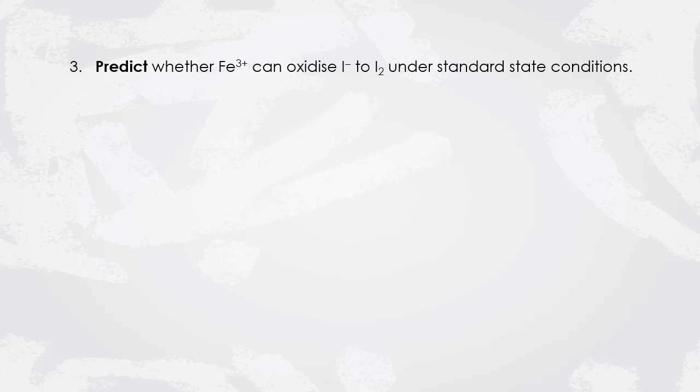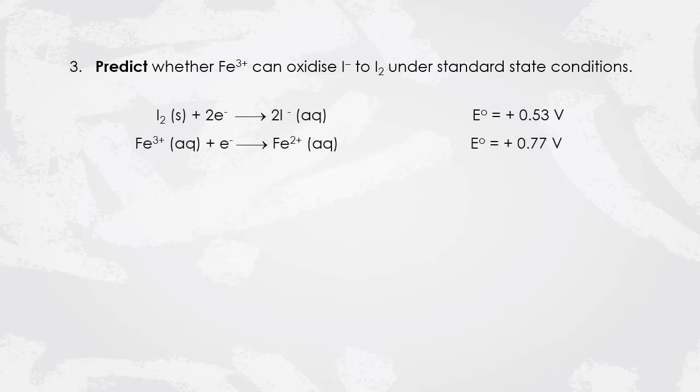Alright, so let's check. We have these 2 values from I2 and also Fe3+, with positive 0.53 volts and positive 0.77 volts. You need to first indicate which is going to be the anode and which the cathode. The anode undergoes oxidation, meaning it is going to have the more negative value.